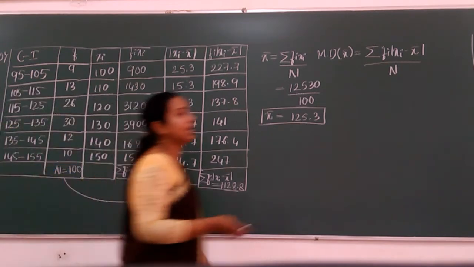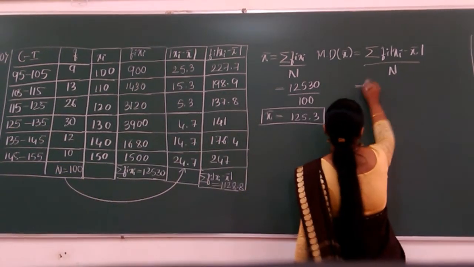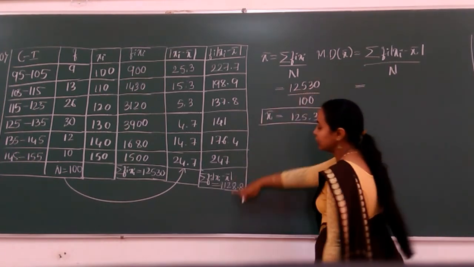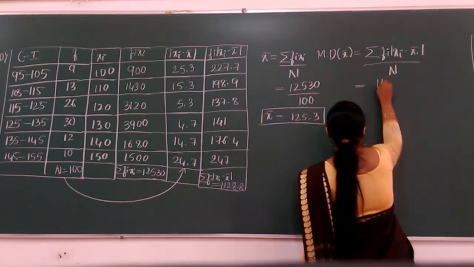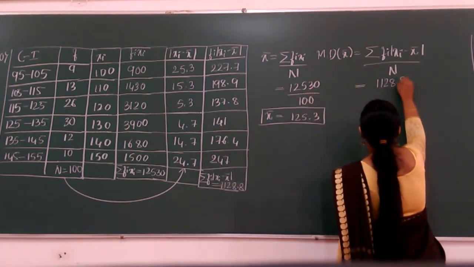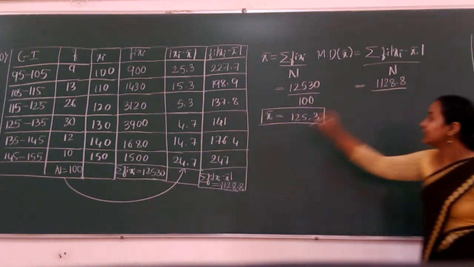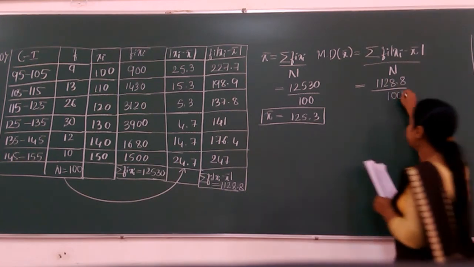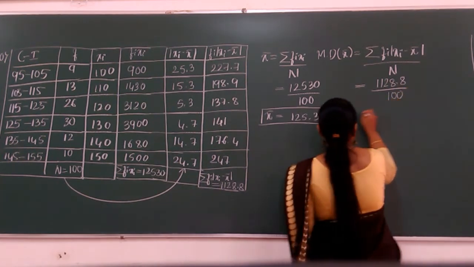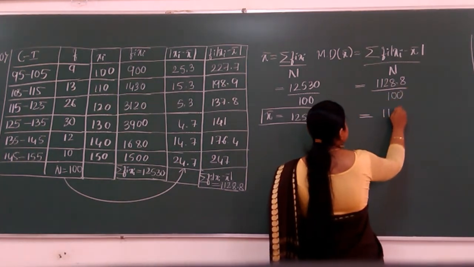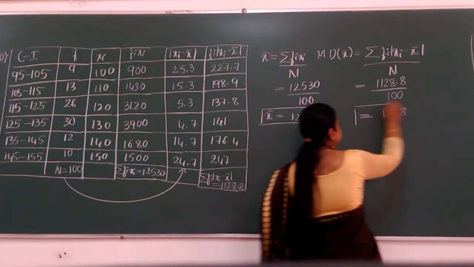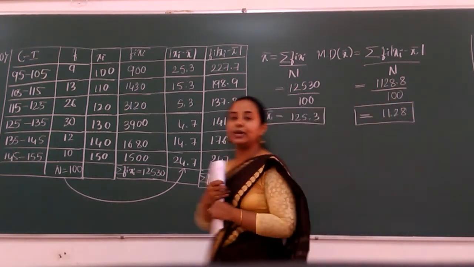Now we know the sum, so we can easily calculate the mean deviation about mean. It is the sum of all these, 1128.8, divided by the total N, that is the total frequency, 100. So the final answer will be 11.28. And what is this 11.28, students?